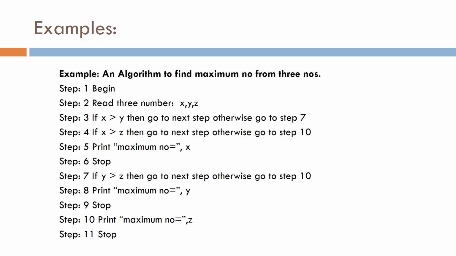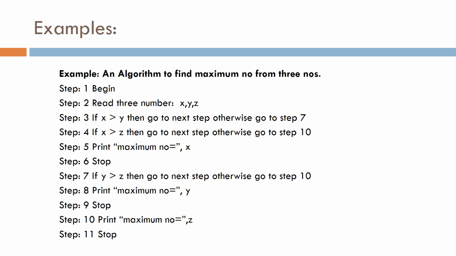So in step 1 we write begin, or we can write start also. Also for the steps we can write numbers 1, 2, 3, 4, and we can also write like this: step 1, step 2, step 3, according to how many steps we have, right?